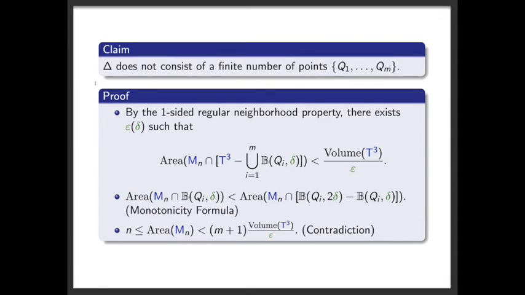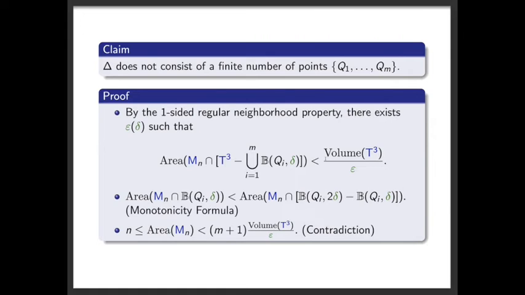And the proof is fairly standard. If we take T^3 and remove some small balls around the singular points, where the radius is just going to depend on the mean curvature, then the area is bounded.